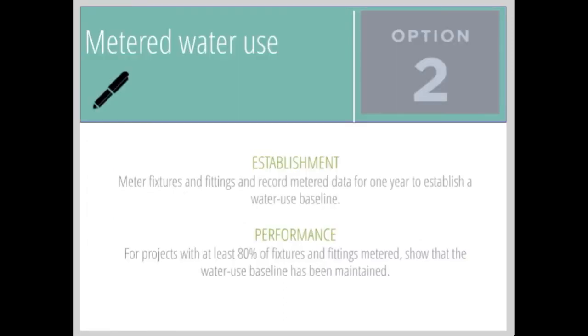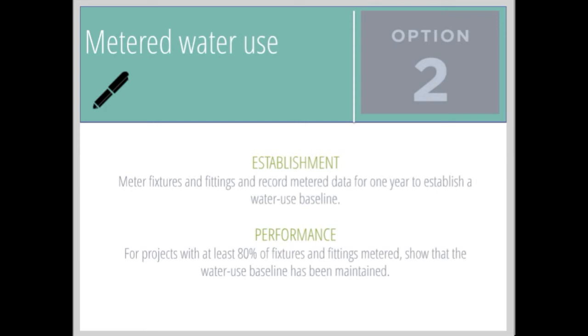Now that we have mastered Option 1, let's look at Option 2 requirements. As noted earlier, Option 2 is for projects that separately meter at least 80% of fixtures as a percentage of total fixture count, or can isolate fixtures by subtracting all other building water systems based on sub-meter data.